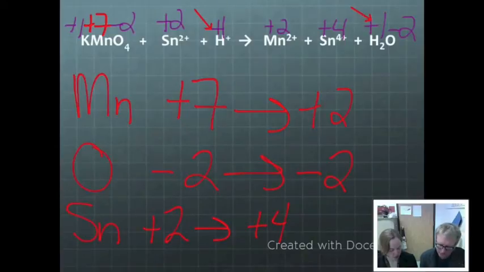If I look at manganese, I can see that it went from +7 to +2. So up or down? That means it went down. Down is reduction. We have reduced our oxidation number. And so then tin went up, and so it was oxidized.